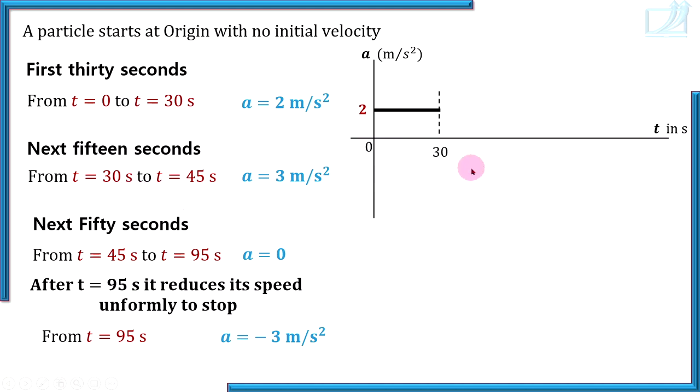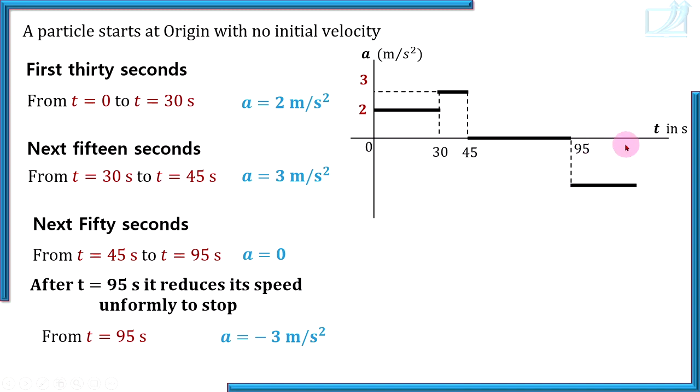Then next 15 seconds, from 30 to 45 seconds, acceleration remains constant again, 3 meters per second squared. From t equal to 45 to t equal to 95 seconds, acceleration remains 0. And from 95 seconds, acceleration is minus 3.